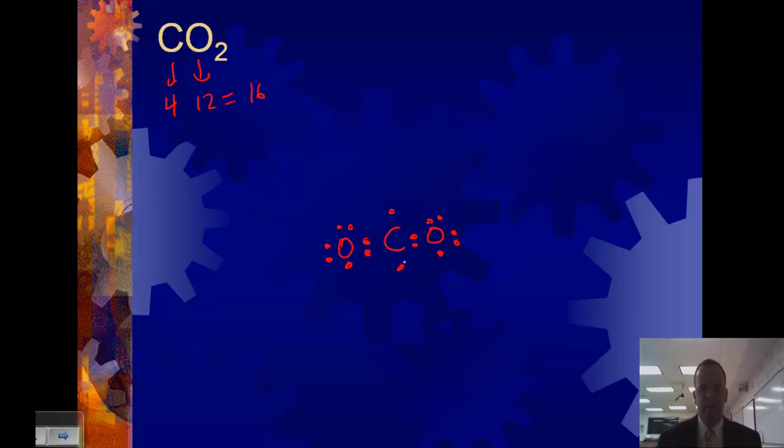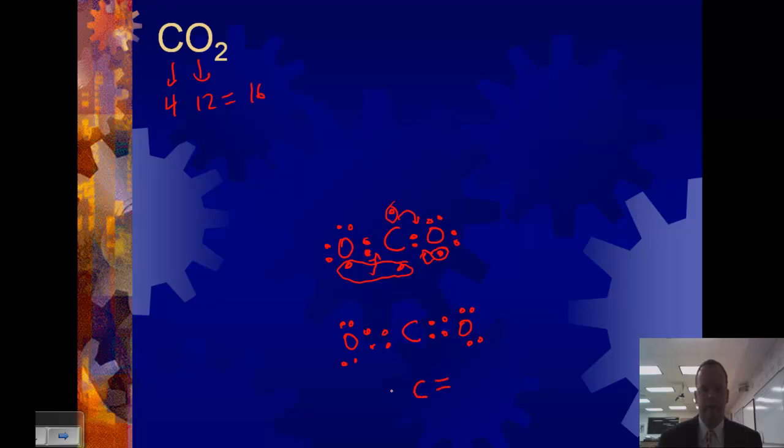So this is a case where we need double bonds. We're going to take these 2 electrons and make one double bond, and then we're going to take these 2 electrons and make a second double bond. So carbon will have 4 electrons between it and the oxygen on either side. So here we have a case of a double bond.